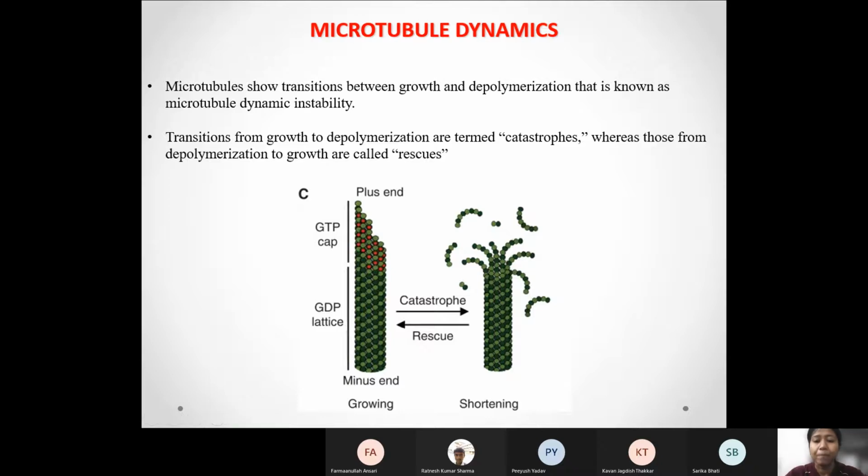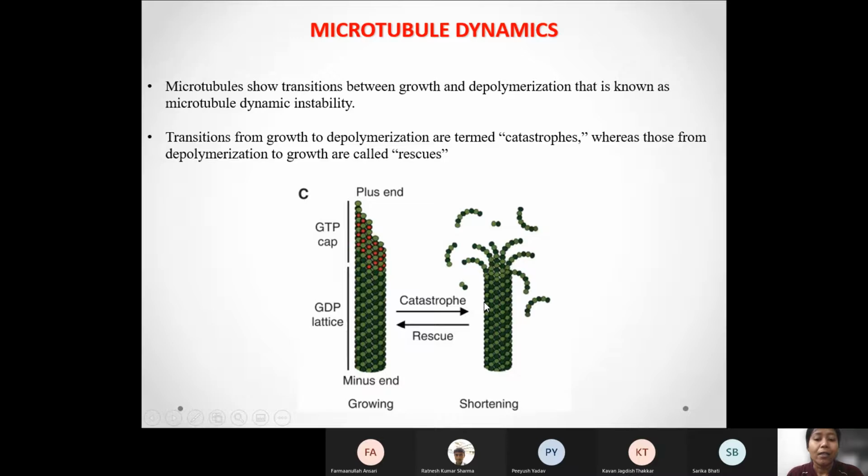They seem to buckle. And this buckling induces the catastrophe or induces the depolymerization of the microtubules. And then the depolymerization will proceed until you have a certain number of these dimers, which you would have above a certain concentration. And then that would again promote polymerization because you would still have some structures here left.